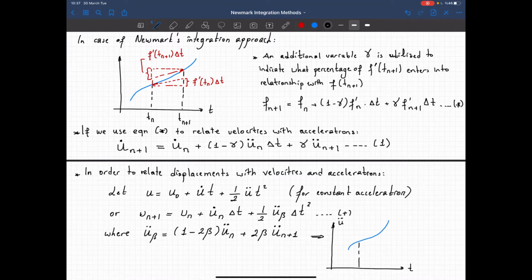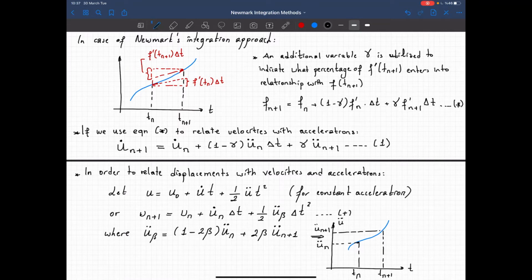This is the nth time step, and this is the Tn plus 1 time step. Here I have u double dot n, and here I have u double dot n plus 1.